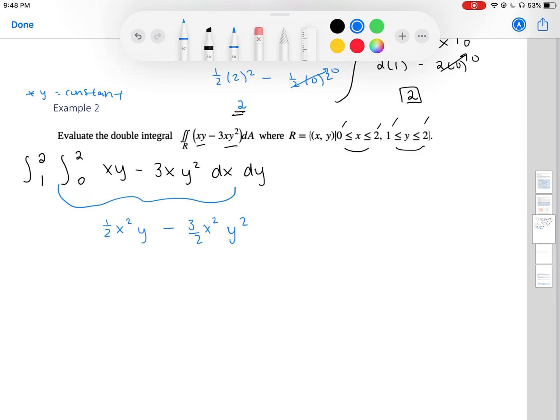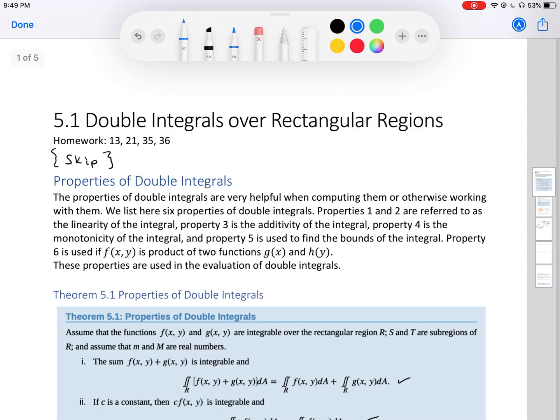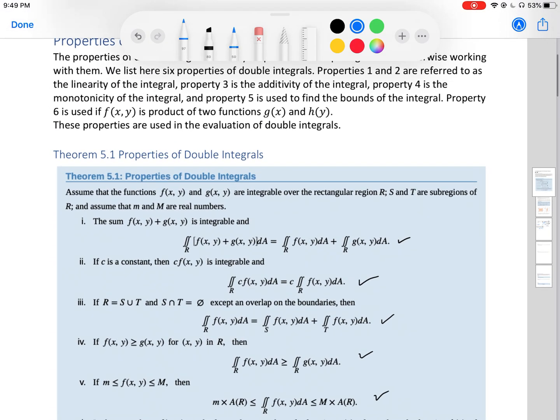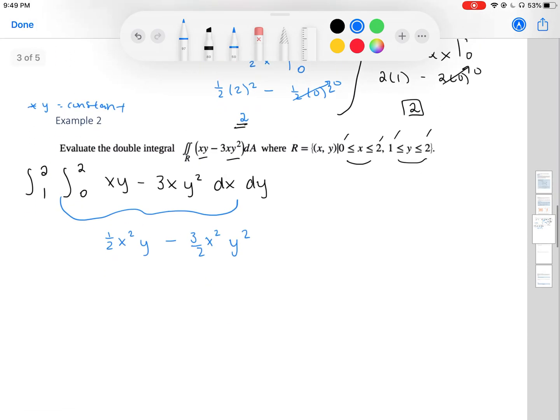Now, if you like, by use of our theorems from that first page, that said if you have two functions, you can split the double integral. You can consult that as well. So let me do that, just for the sake of illustrating that part of our theorem.